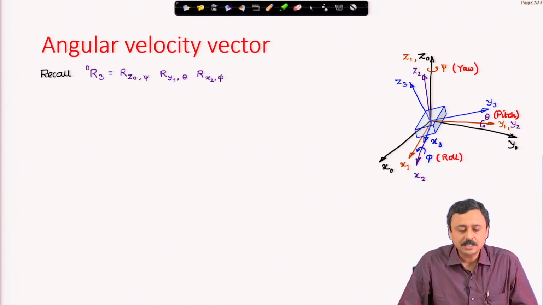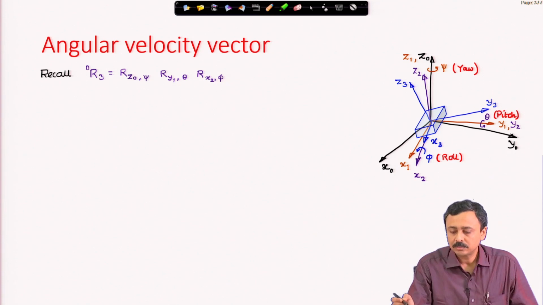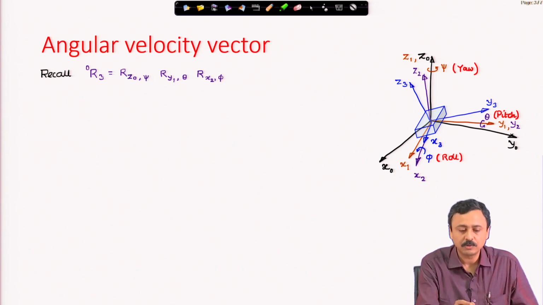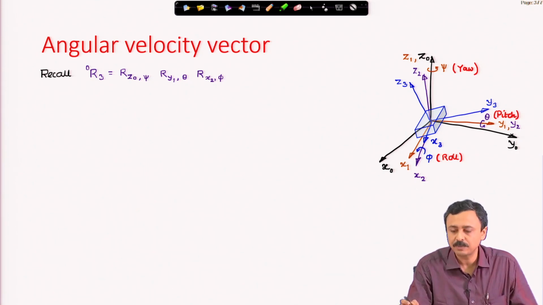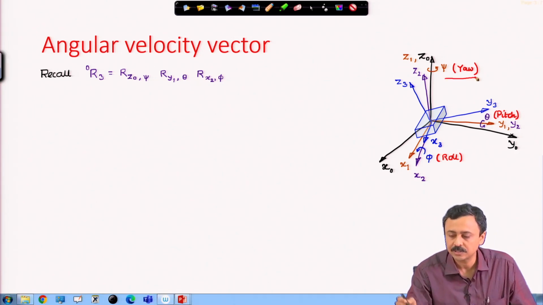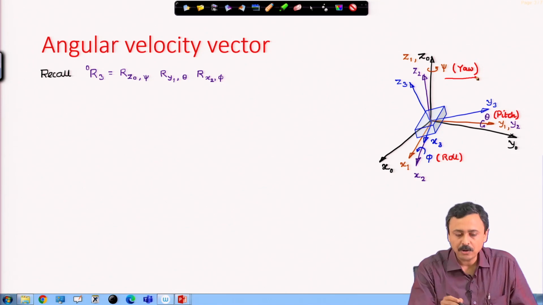This part we had discussed in a previous lecture. You have to recall that the rotation matrix, which represents the orientation of the body in terms of the yaw, pitch and roll coordinates, was obtained like this: we first rotate about the z naught axis by an angle psi, the yaw angle, then about the new y axis, y1, by an angle theta, and then about the new x axis, x2, by an angle phi, which is the roll.